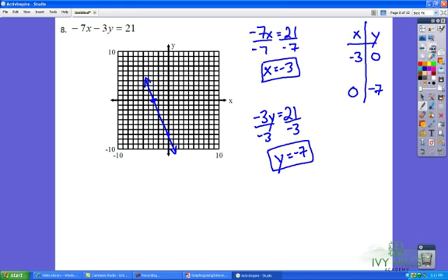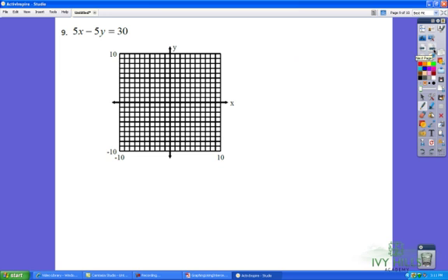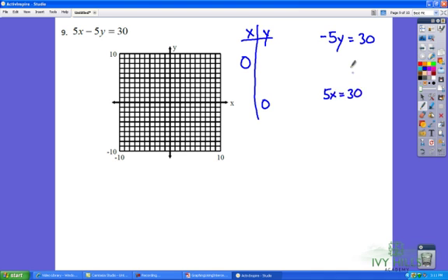Number 9. If I make an xy chart for this one, making 0 for x is going to leave me with negative 5y equals 30. Making 0 for y is going to leave me with 5x equals 30. So dividing both sides by negative 5 is going to give me y equals negative 6.